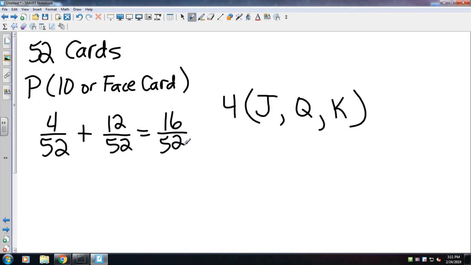And so if I can take that opportunity to just add together, and now I can reduce from here, then that might save me a little step in the long run. And when this reduces, it reduces to 4/13. So the probability out of a standard 52 card deck that you pull a card that is a 10 or a face card is 4 out of 13.